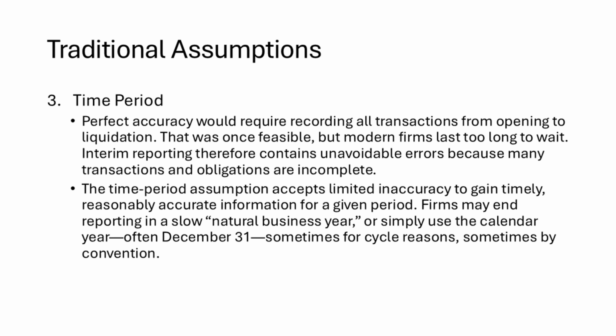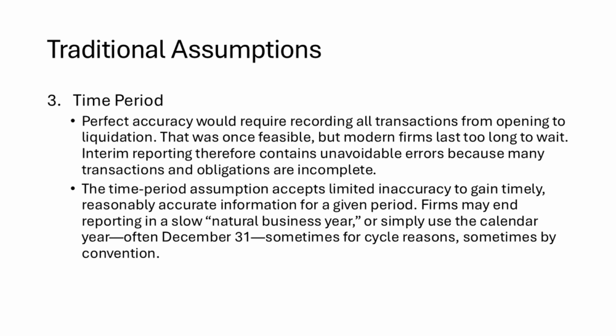Some select a 12-month accounting period, known as a fiscal year, which closes at the end of a month other than December. The accounting period may be shorter than a year, such as a month. The shorter the period of time, the more inaccuracy we must accept in the reporting.